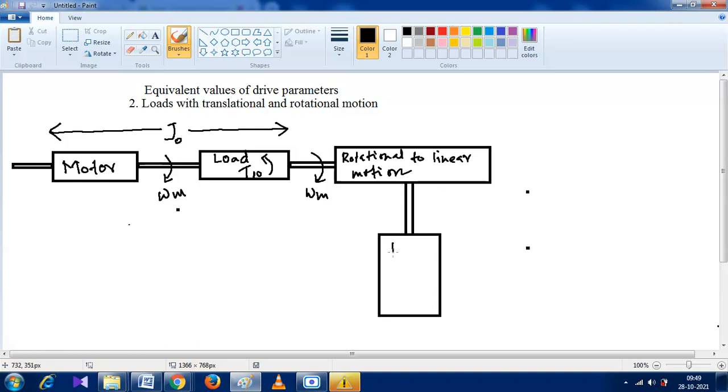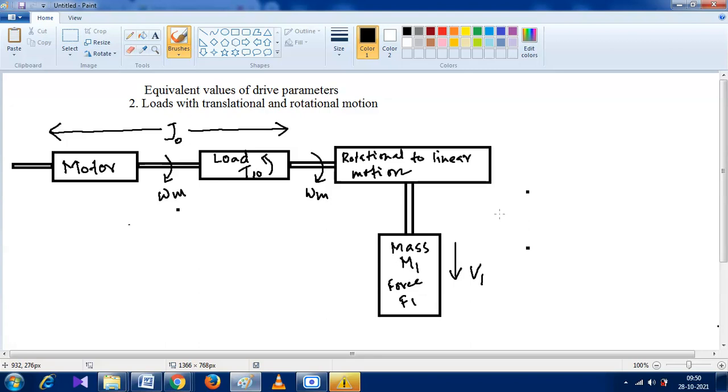And consider the mass of the system which moves linearly. Consider the mass of that system is m1, and here we use a force of f1, and for this it produces a linear motion or linear velocity of v1.